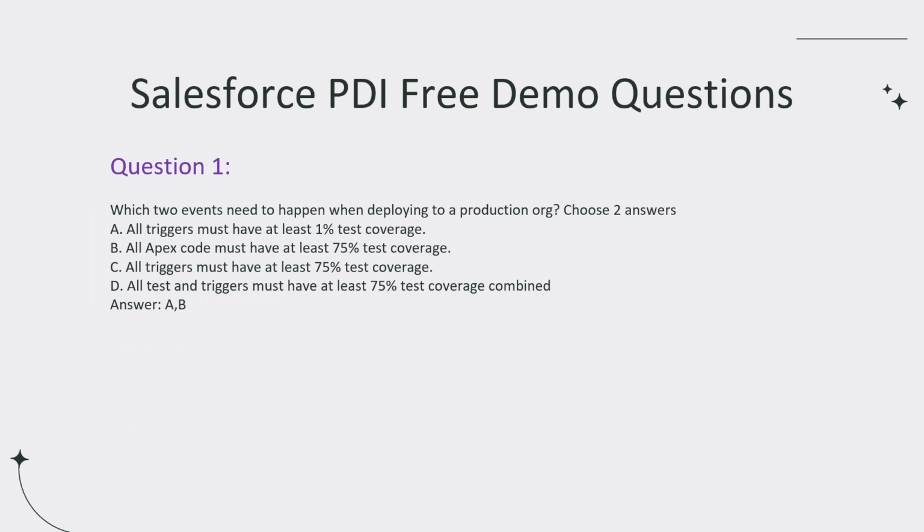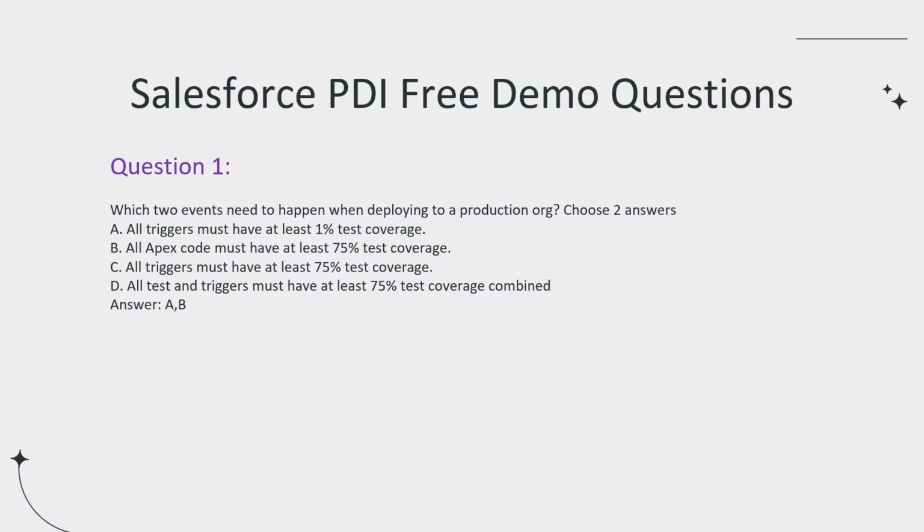1. Which two events need to happen when deploying to a production org? Choose two answers. A. All triggers must have at least 1% test coverage. B. All Apex code must have at least 75% test coverage.